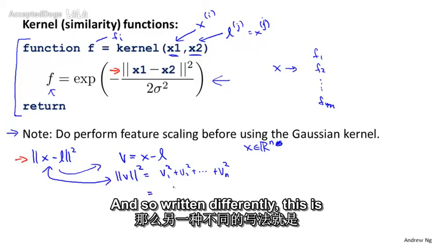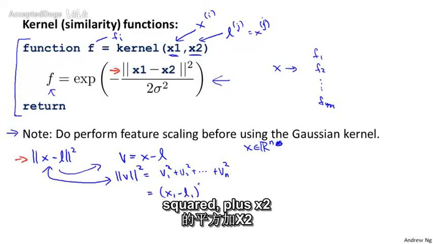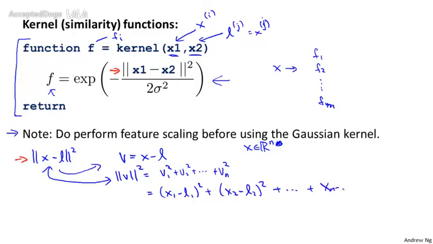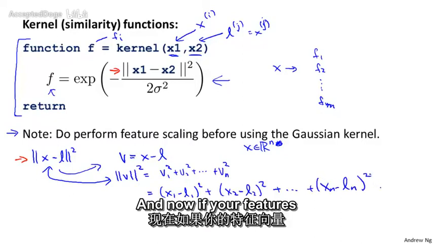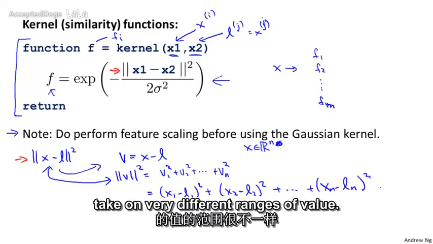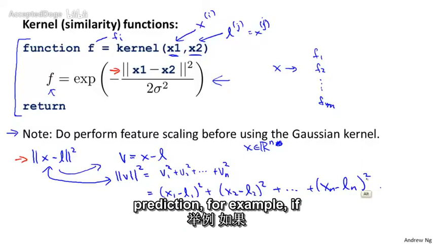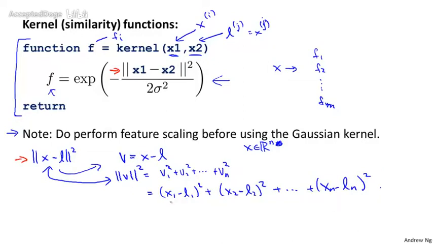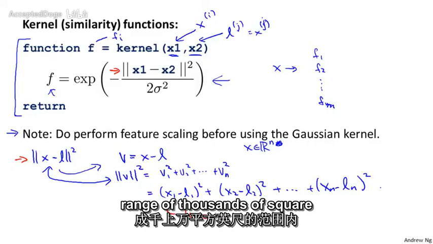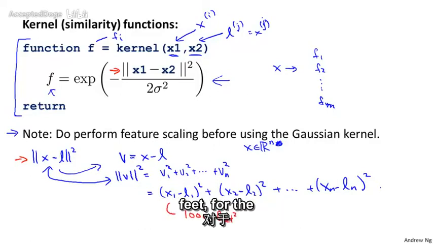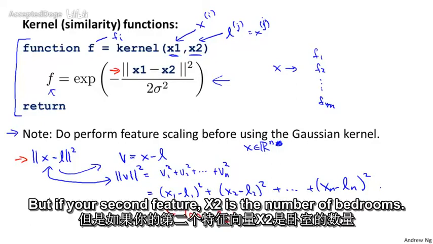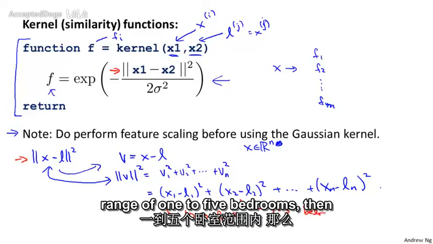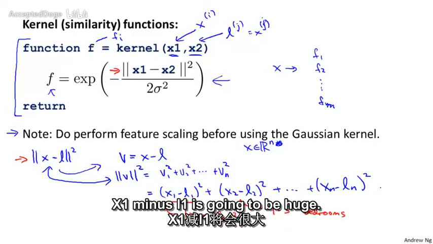And so written differently, this is going to be x1 minus L1 squared plus x2 minus L2 squared plus dot dot dot plus xn minus Ln squared. And now if your features take on very different ranges of values, so take our housing prediction example, if your data is some data about houses, and if x1, the first feature, is in the range of thousands of square feet, but if your second feature x2 is the number of bedrooms, so if this is in the range of 1 to 5 bedrooms, then x1 minus L1 is going to be huge.